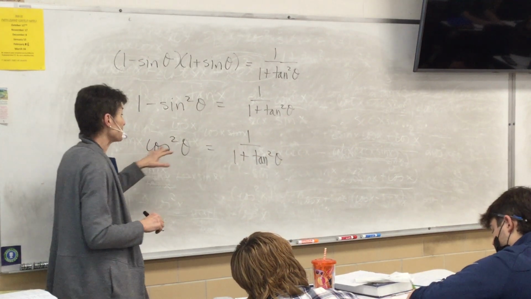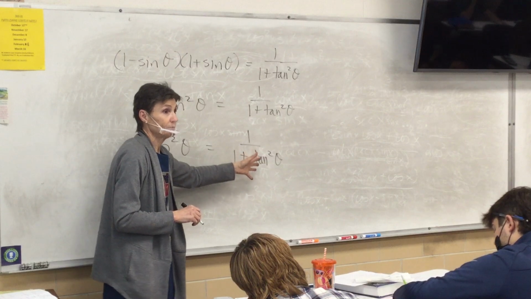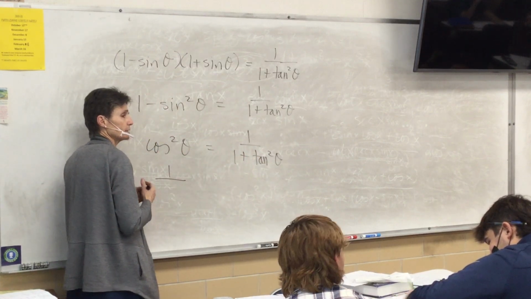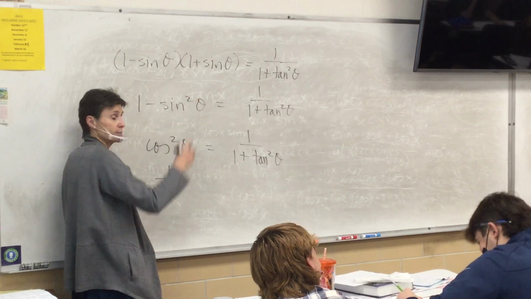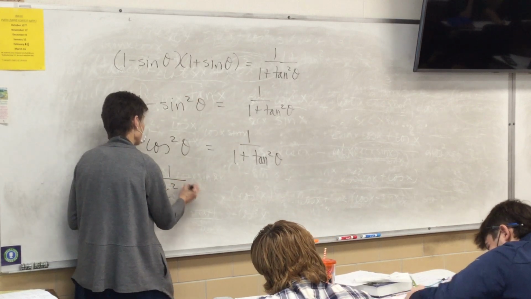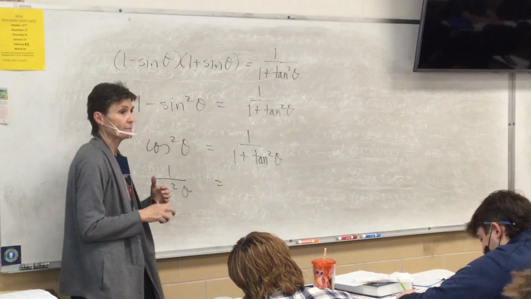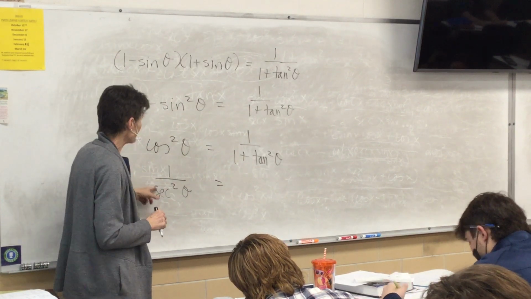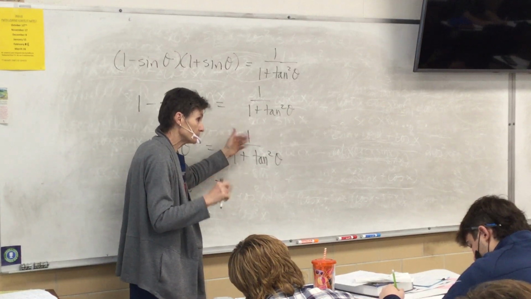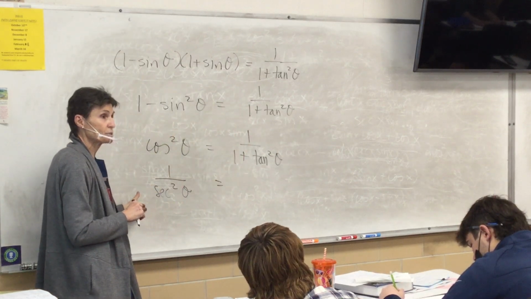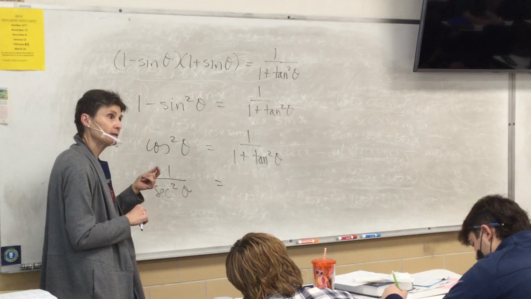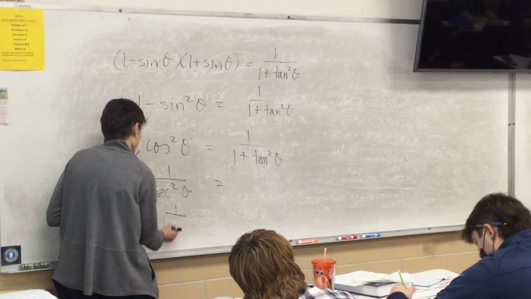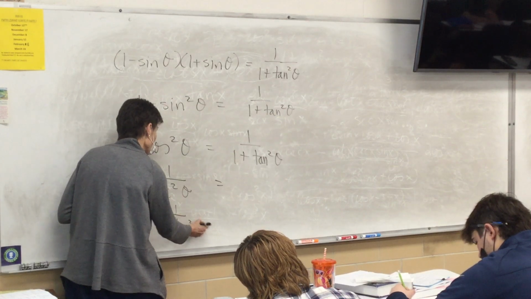But I do need a fraction, right? So cosine squared would be 1 over what? 1 over secant squared, absolutely. Isn't cosine the reciprocal of the secant? And I did that because I needed 1 over. So let's make it 1 over secant squared. But wait a minute, what's secant squared? 1 plus tangent squared, and there you go. You did it.